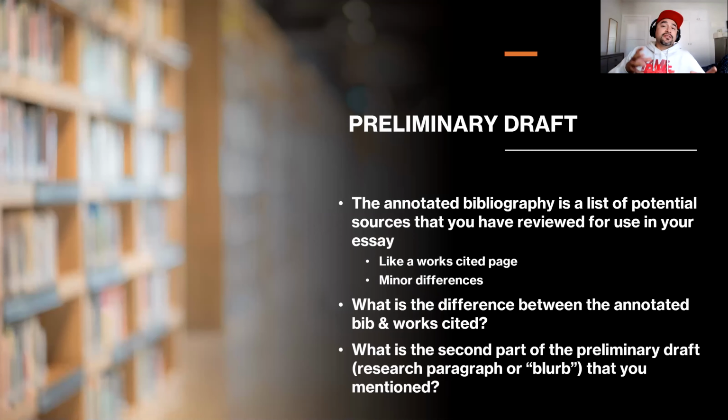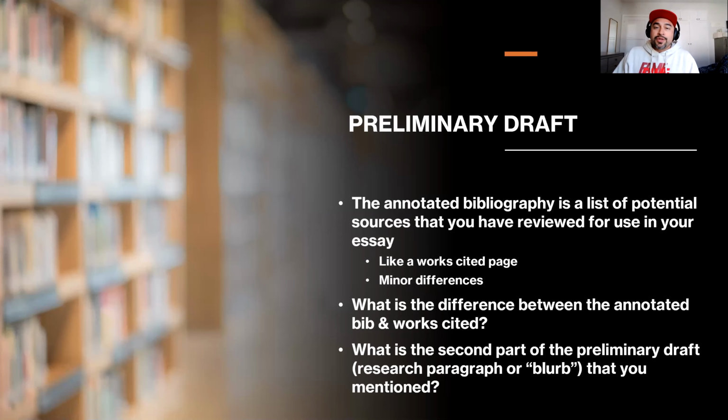If you take a look at the essay prompt, it's listed as the preliminary draft. The annotated bibliography is a list of potential sources that you have reviewed for use in your essay. This is like a preview, in other words.